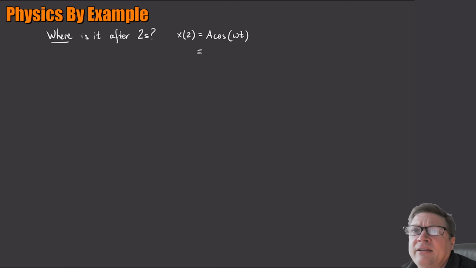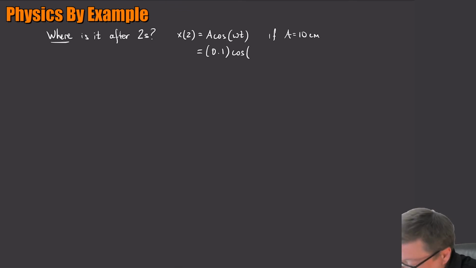Let's see, did I say, if A is 10 centimeters, so let's say we stretch this thing out 10 centimeters and then we let it go. So that's the amplitude, the initial position. So if this was at 10 centimeters, then this is going to be 10 centimeters, 0.1 meters, times cosine omega t.